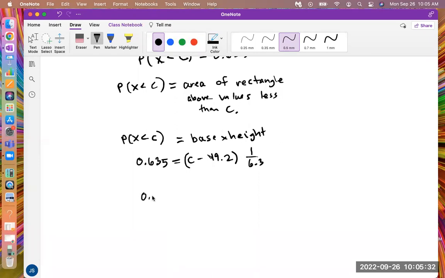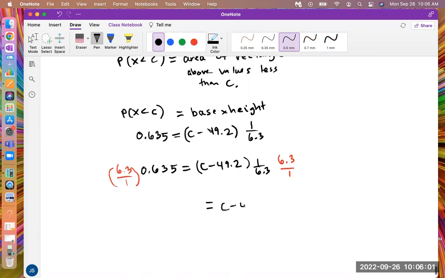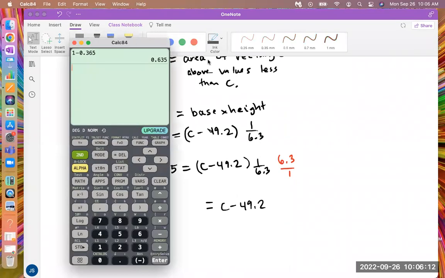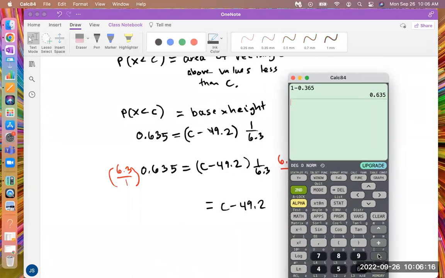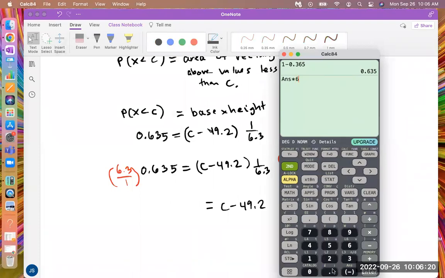So I'm going to rewrite this equation. And then I get, I just multiply, because 6.3 over 1 just means 6.3.